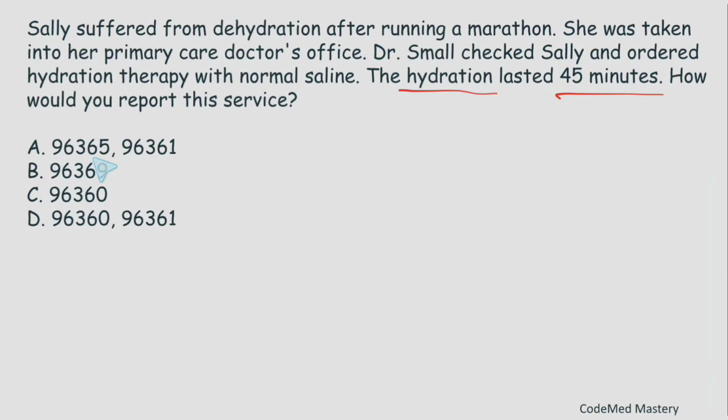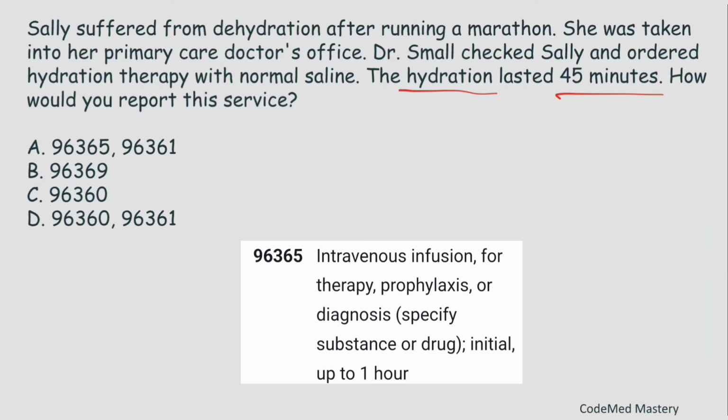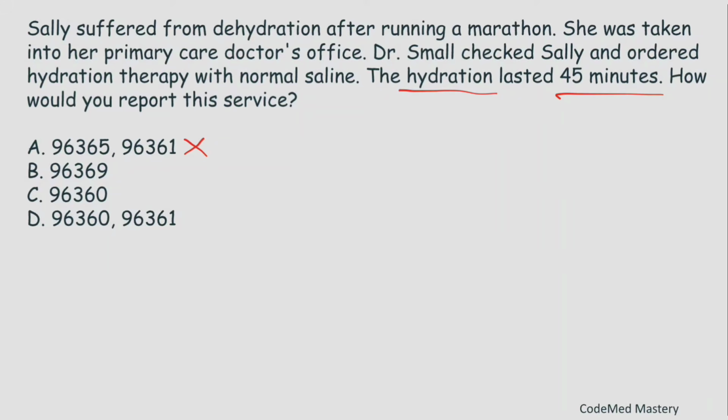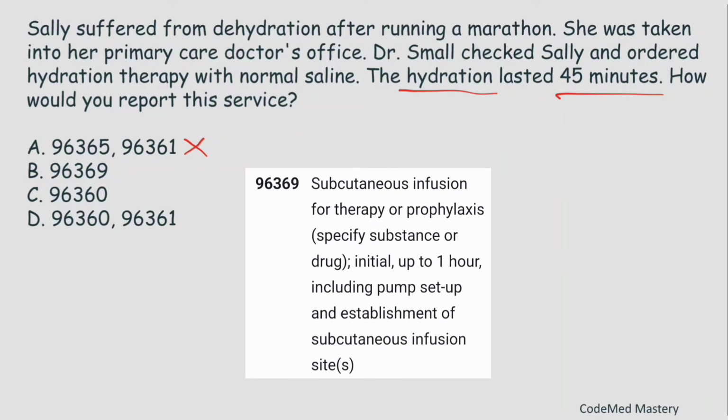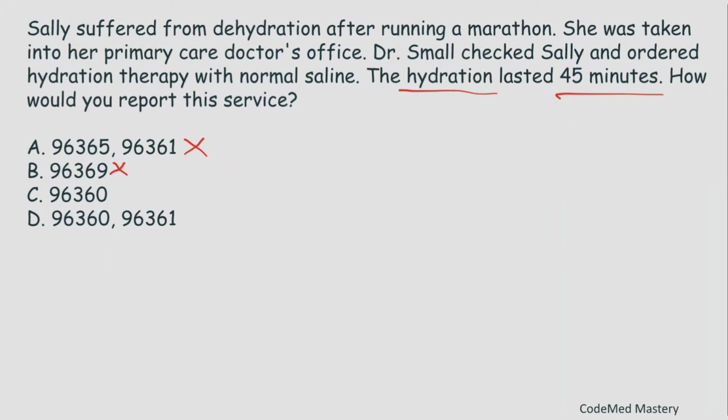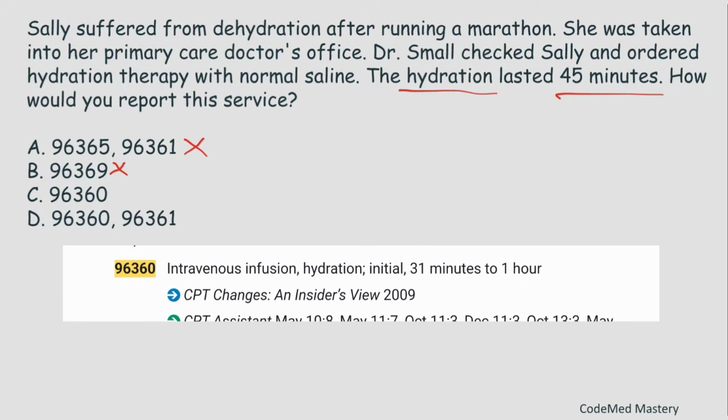In option A, they have mentioned 96365, which is for intravenous infusion for therapy, prophylaxis or diagnosis. We cannot use that code, we'll eliminate it. Then they have mentioned in option B 96369, which is for subcutaneous infusion therapy or prophylaxis initial up to 1 hour. So we cannot use that code also, we'll eliminate option B. Coming to option C 96360, which is for intravenous infusion hydration initial 31 minutes to 1 hour.